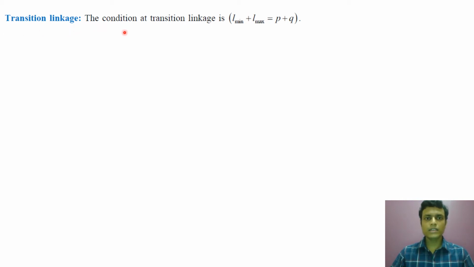The condition at transition linkage is Lmin plus Lmax is equal to P plus Q. In Grashof linkage, the condition was Lmin plus Lmax less than P plus Q. For non-Grashof linkage, Lmin plus Lmax was greater than P plus Q, and now in transition linkage, Lmin plus Lmax is equal to P plus Q.